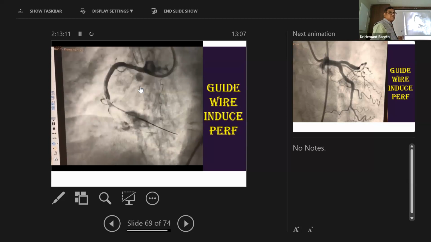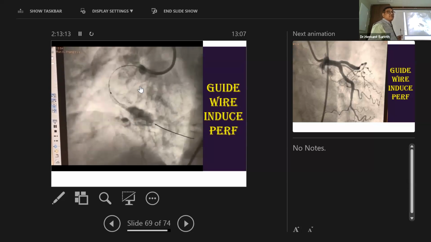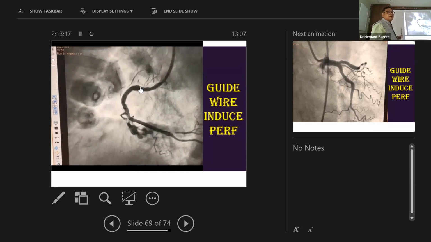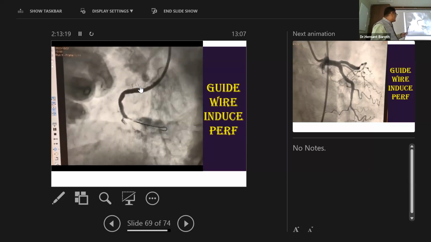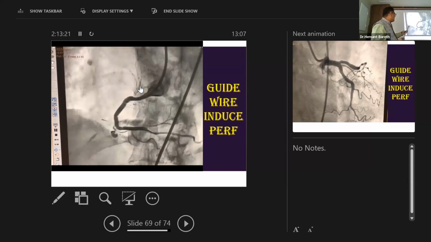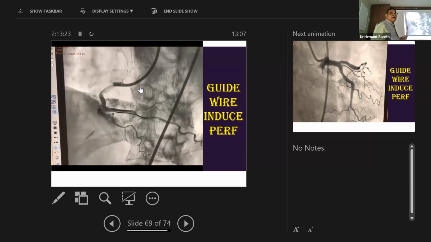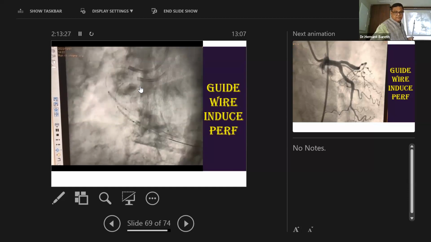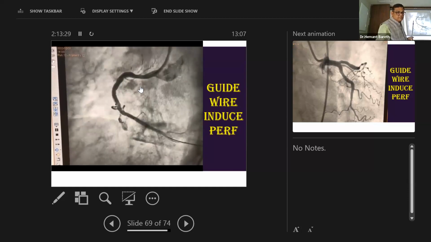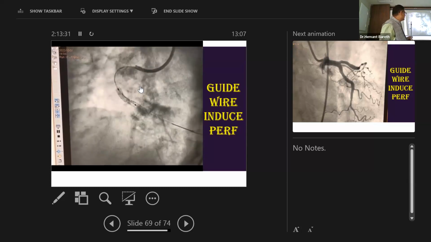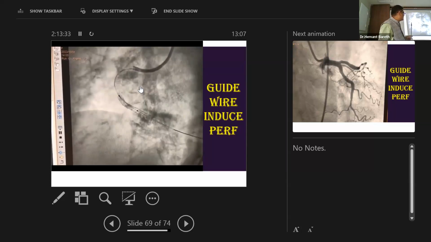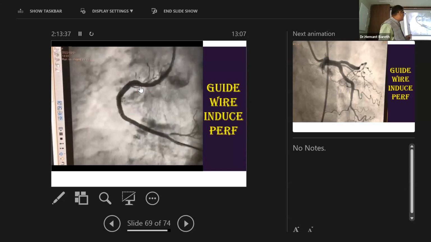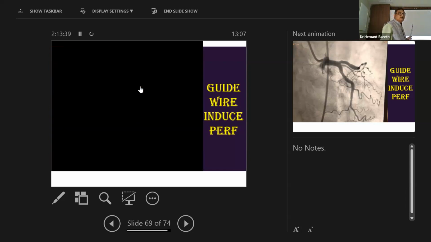So this is a common thing that you can have with a penetrating wire or with a higher tip load wire. This is what can happen, and this is the perforation. Ultimately, a covered stent is deployed, and the perforation is sealed. Final result.